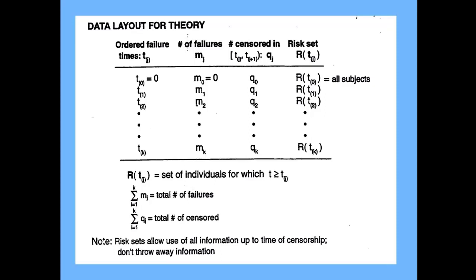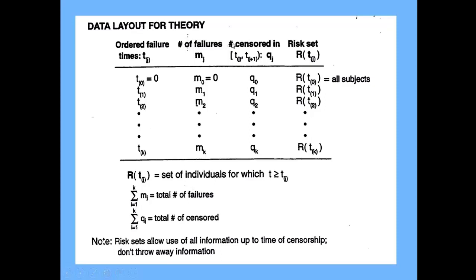So that's the second column, and the third column describes the number of people who were censored between one failure time and the next ordered failure time. If you add up the total number of censored and the total number of failures in these 2 columns, you get everybody in your study that you're dealing with.